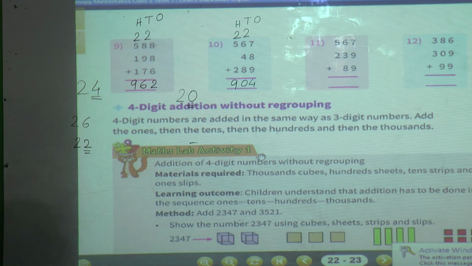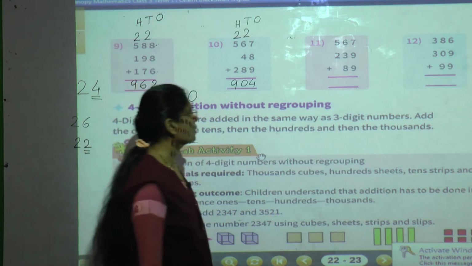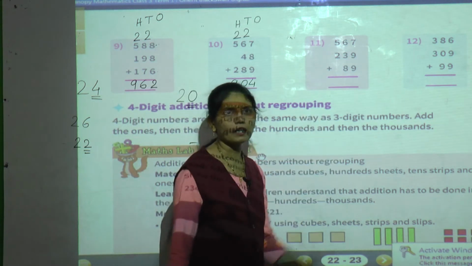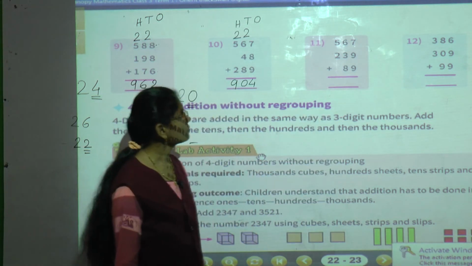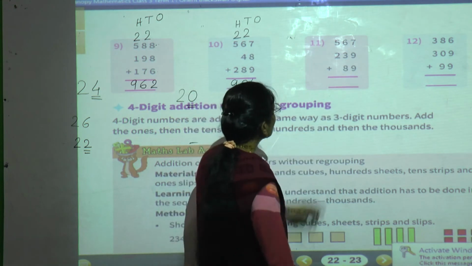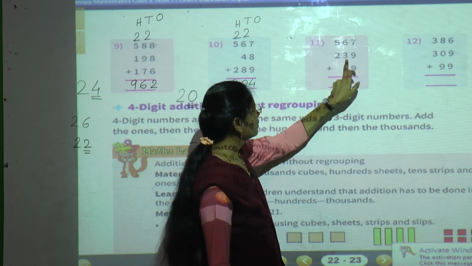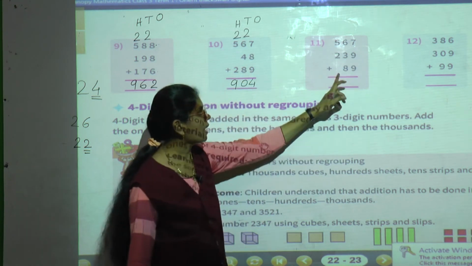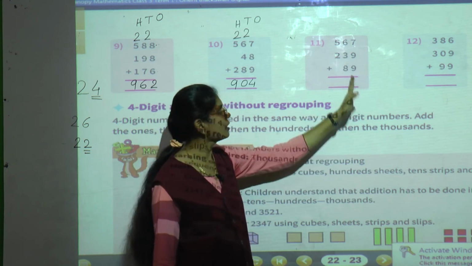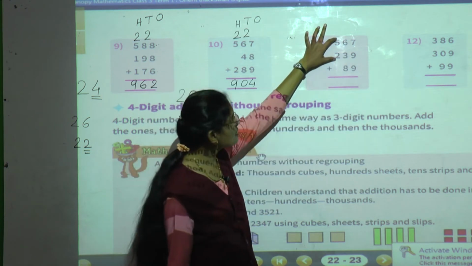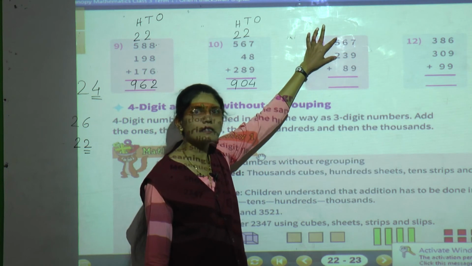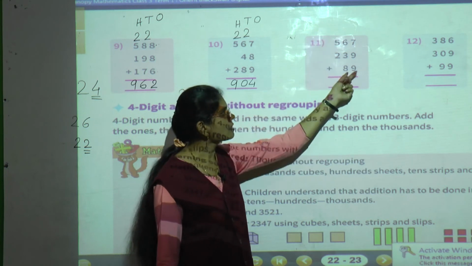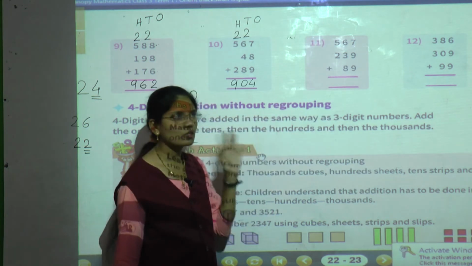Okay. Now see the next sum. Example number 11. In this example, 567, 239 and 89. These three numbers are there. These two numbers are 3-digit numbers, and this 89 is a 2-digit number.